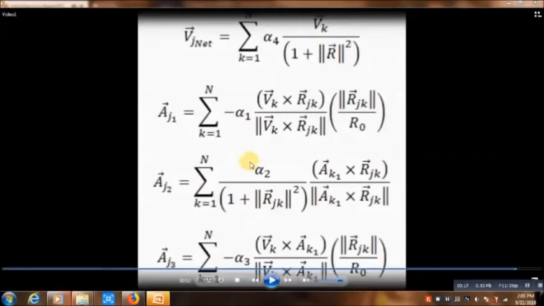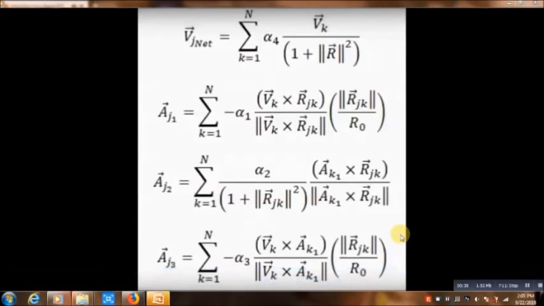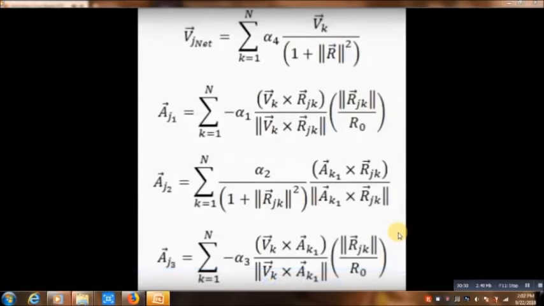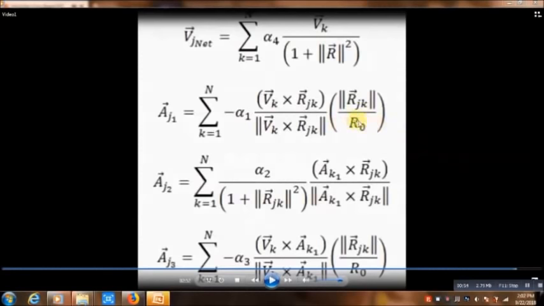A1 and A3 scale in direct proportion to the distance of separation between particles. The further two particles are apart from each other, the stronger their A1 and A3 acceleration fields will affect each other. In practice, this is actually unrealistic. We have to limit the effective range of A1 and A3 by defining it to be zero outside of a distance of R0 from any given particle.